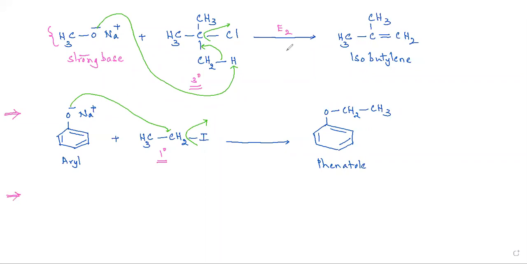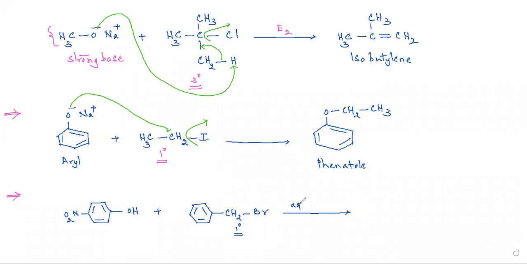Now, if suppose there is a withdrawing group, say for example, a strong withdrawing group like nitro, treated with this benzyl bromide, of course, 1 degree.